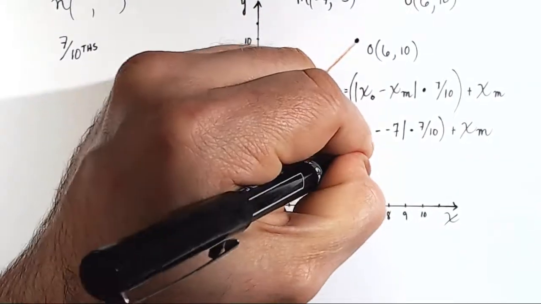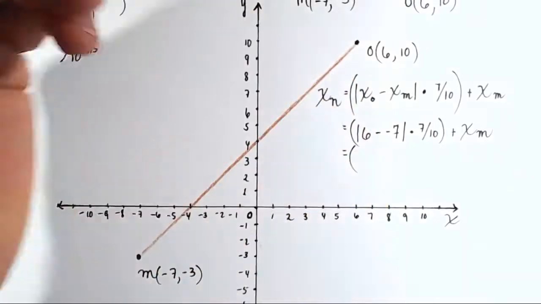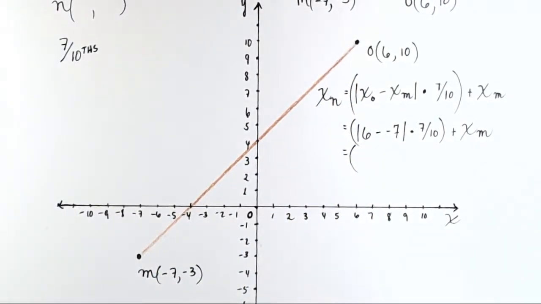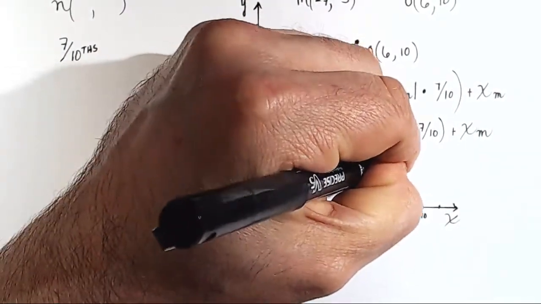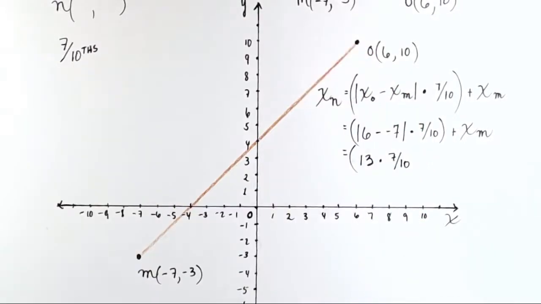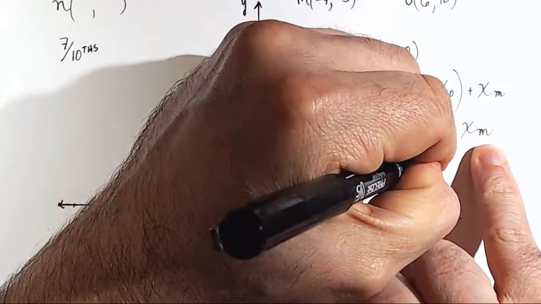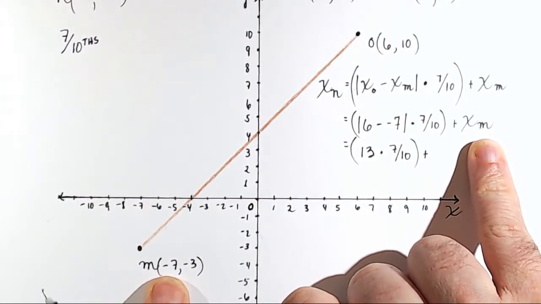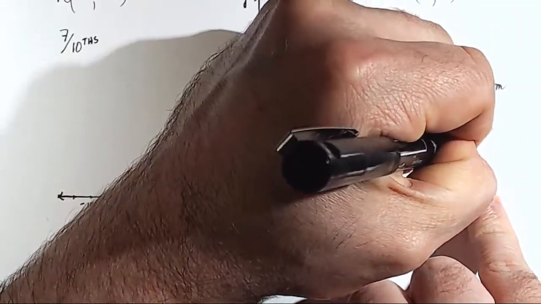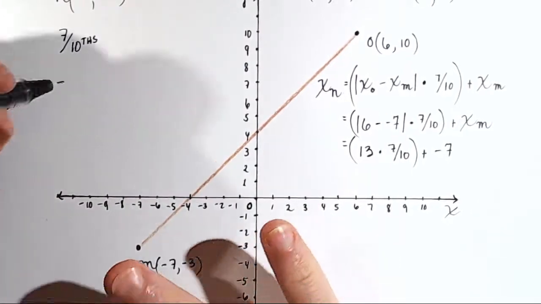Okay, so we have here 6 plus 7, which is 13. So the absolute value of 13 is 13. So we have now 13 times 7/10. Okay, and we can substitute back in our x coordinate for the M point, and that would be negative 7, so plus negative 7. All right, so what is 13 times 7? Well, I have no idea.